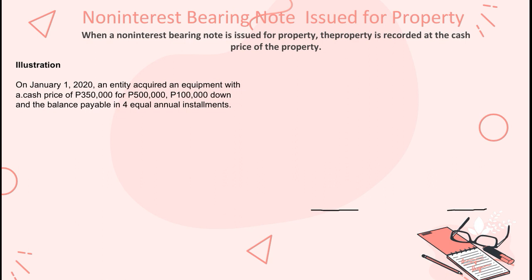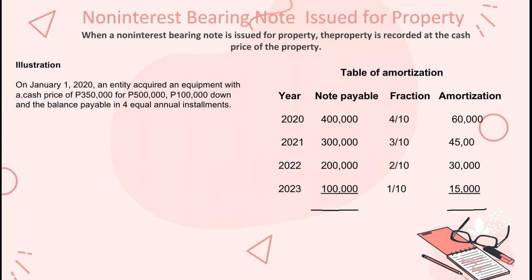Basically, there is a serial payment or series of payments. Okay, every year end there is a payment of installment. Okay, so this is gonna be our table of amortization. That's gonna explain thoroughly the discussion of non-interest.